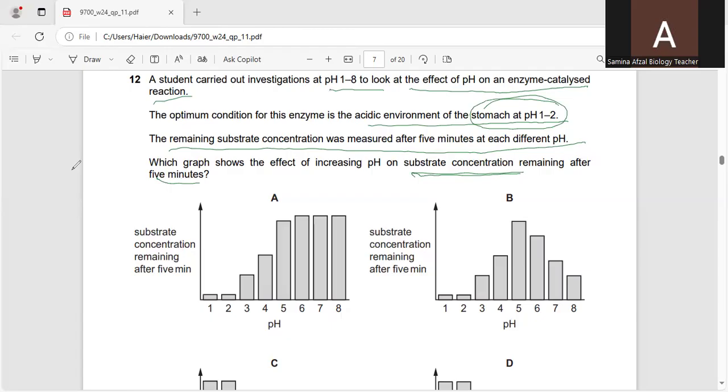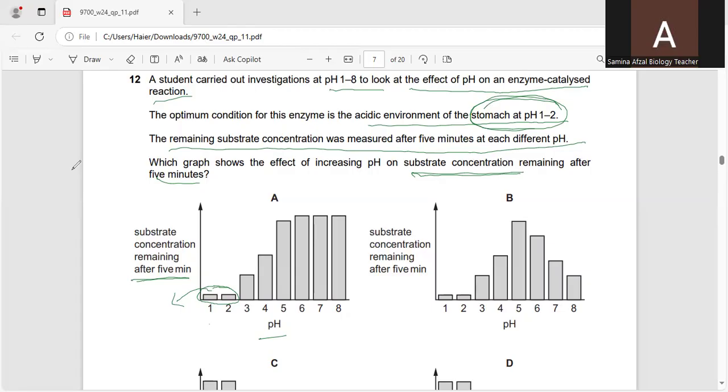Here the substrate concentration remaining after 5 minutes is on one axis, and pH between 1 and 8 on the other. So pH 1 and 2 is required. You can see the substrate concentration remaining is very low, which means most of the substrate had been digested because it was the appropriate pH for digestion of the substrate molecule.